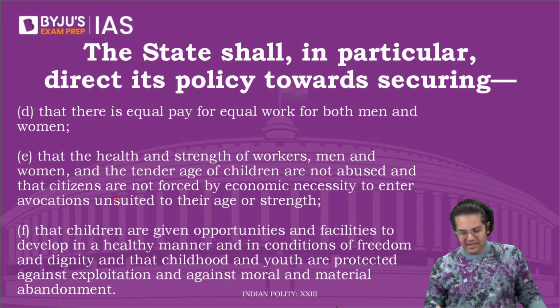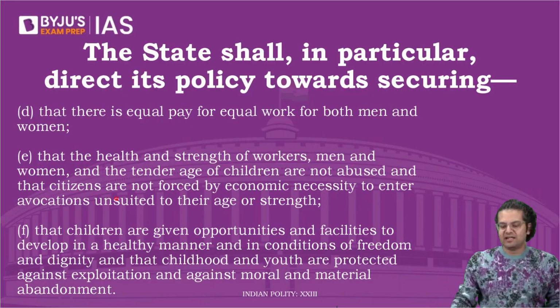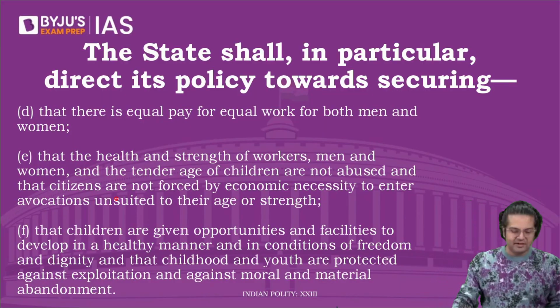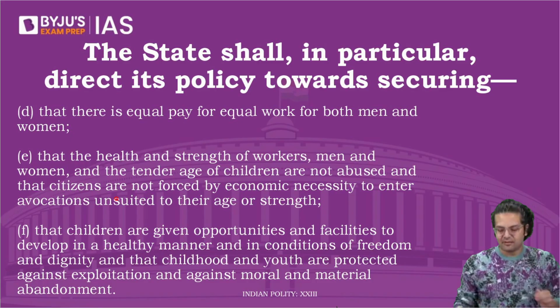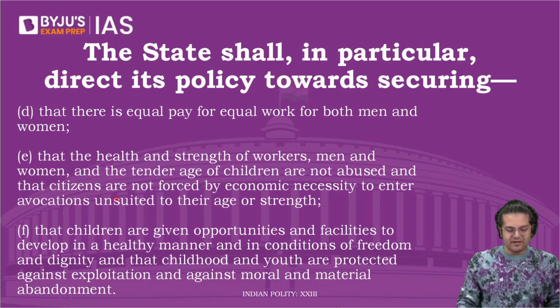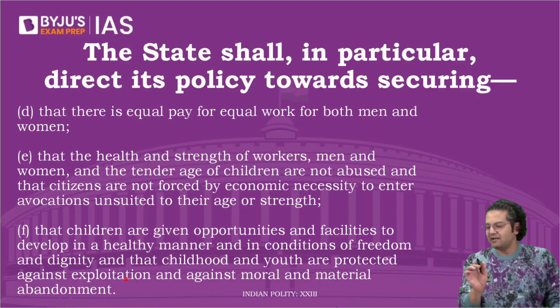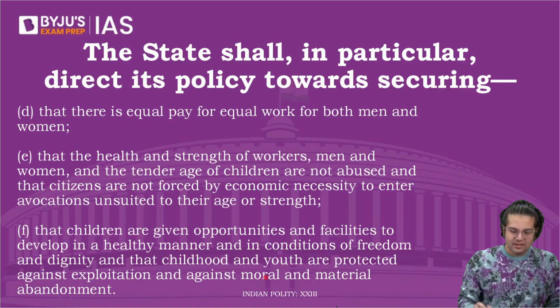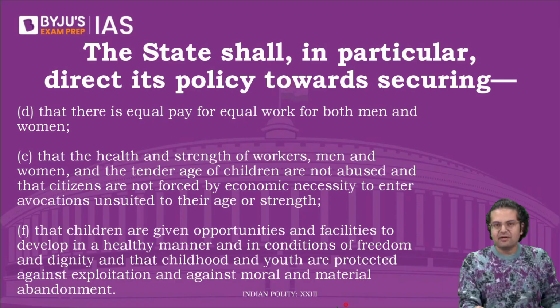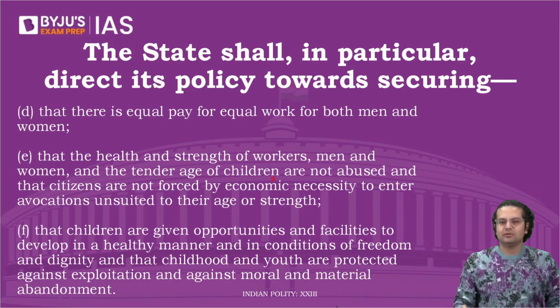And then lastly, that children are given opportunities and facilities to develop in a healthy manner and in conditions of freedom and dignity, and that childhood and youth are protected against exploitation and against moral and material abandonment. Now look at this. Tender age of children is not abused.